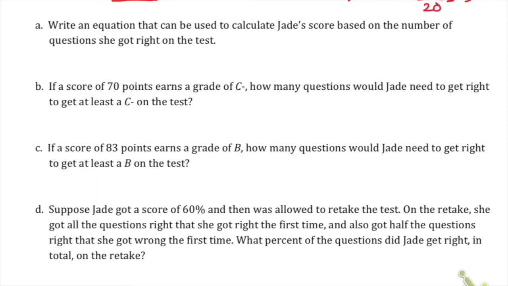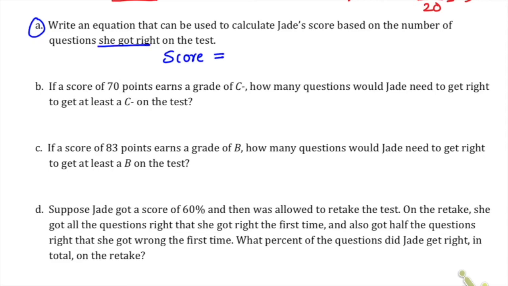So let's see what they are asking here. Write an equation that can be used to calculate Jade's score based on the number of questions she got right on the test. Suppose she gets X questions right.